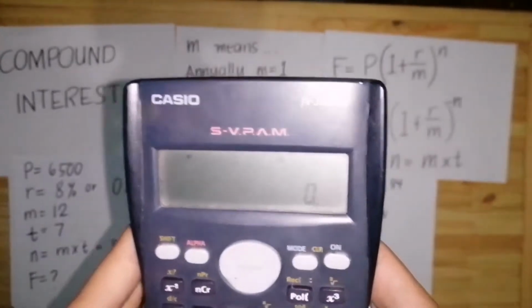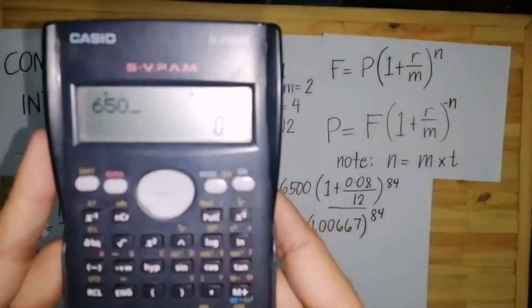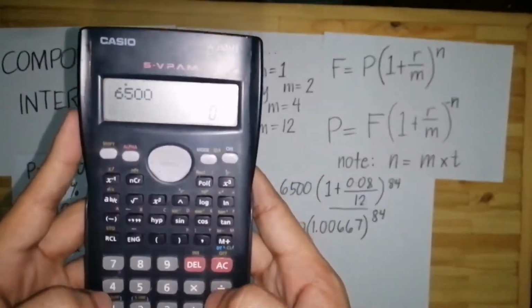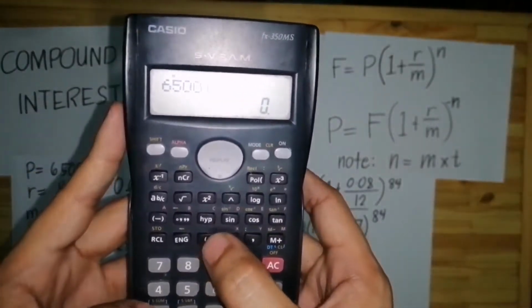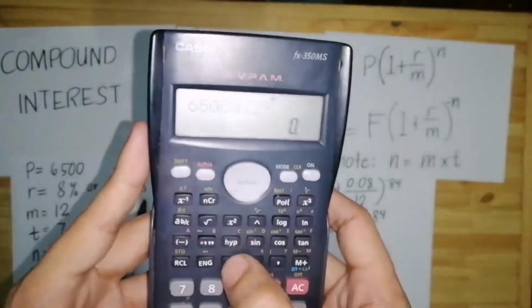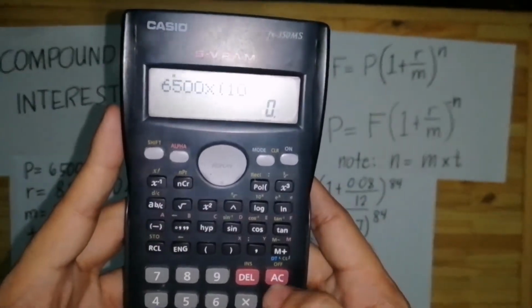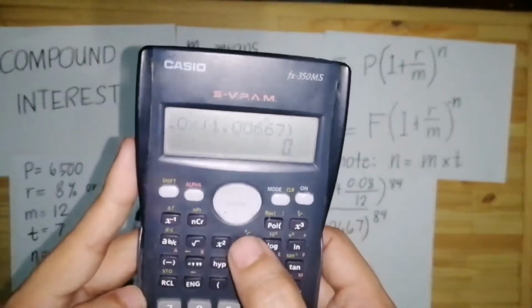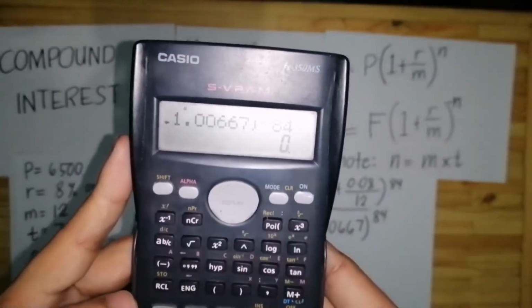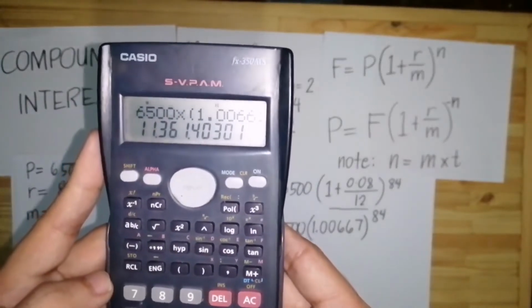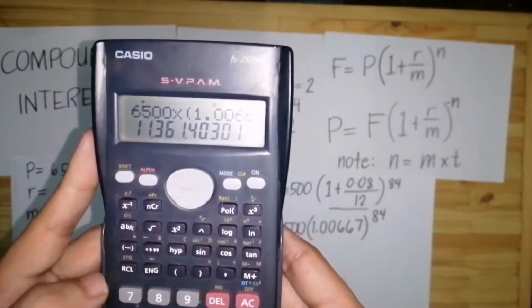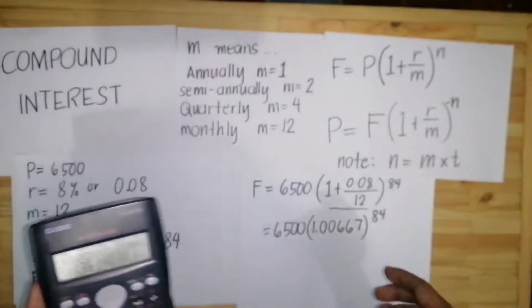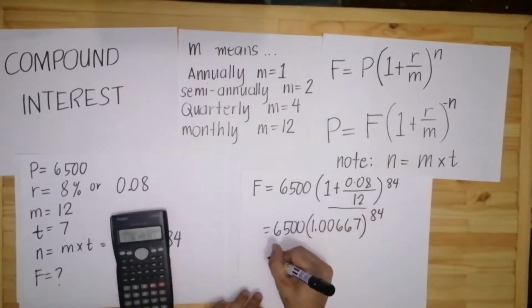So, 6,500 times parenthesis 1.00667. Close parenthesis. Raised to 84. The answer is 11,361.40. So, sulat ko lang dito. The answer is 11,361.40.